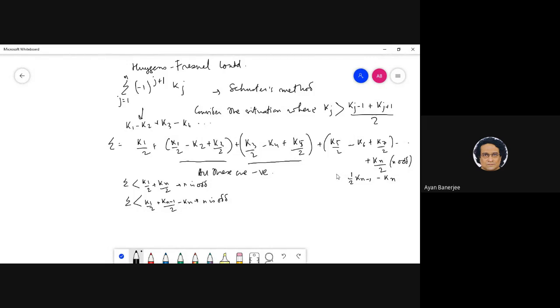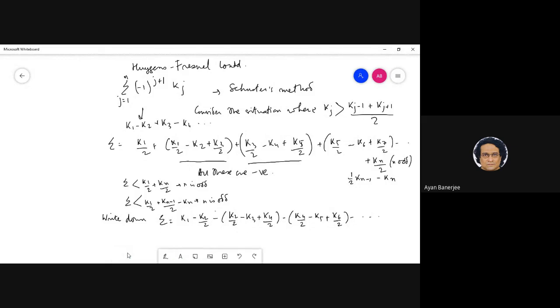Okay, so what Huygens did, the next construction, is that you write down sigma instead of the way I wrote it, like this: k1 minus k2 by 2, minus k2 by 2 minus k3 plus k4 by 2, minus k4 by 2 minus k5 plus k6 by 2, minus, right? So what will happen here?